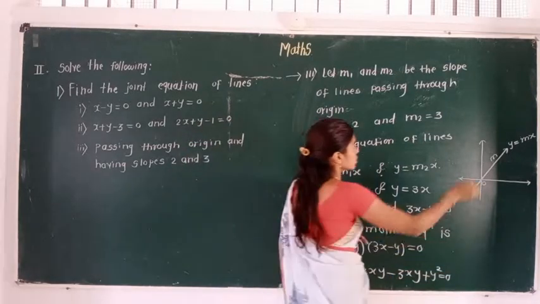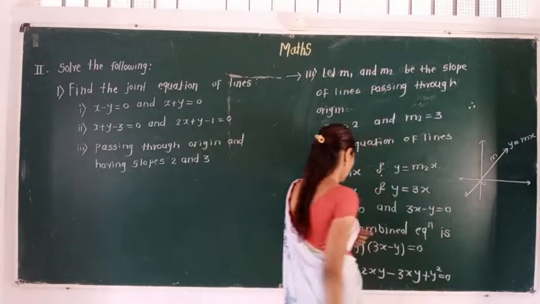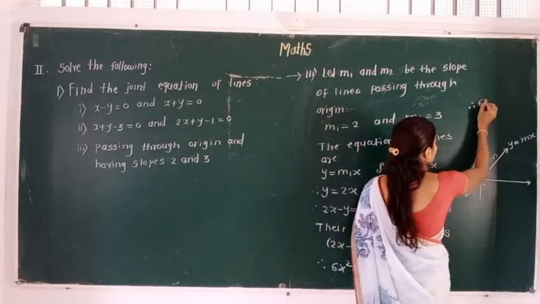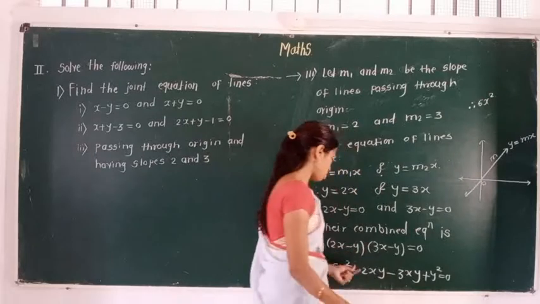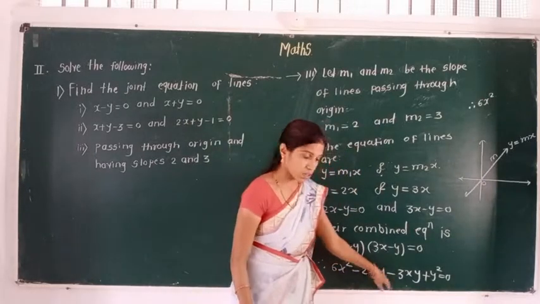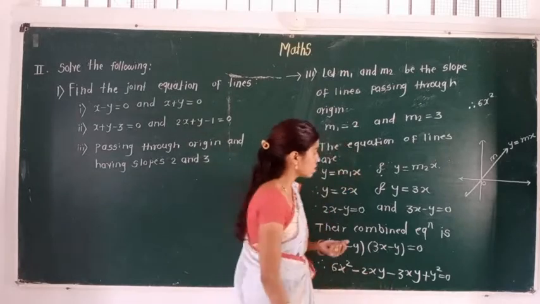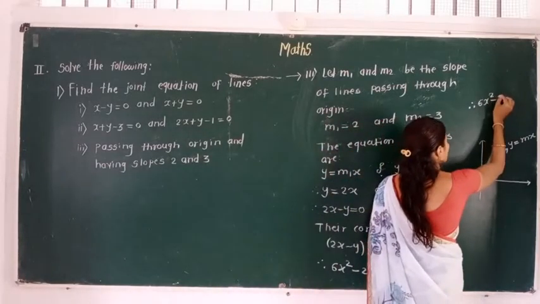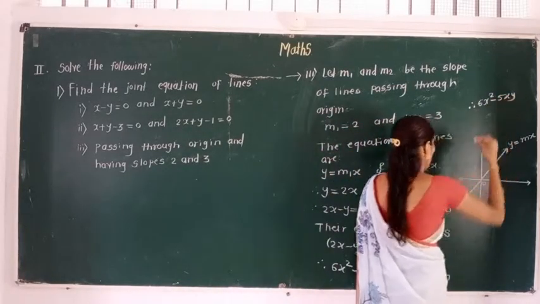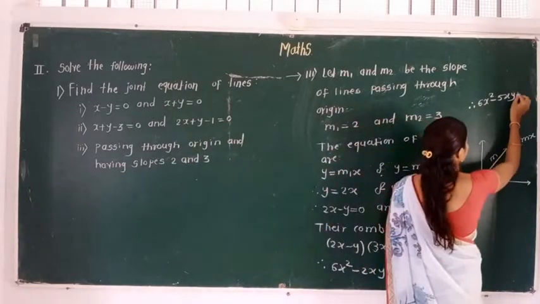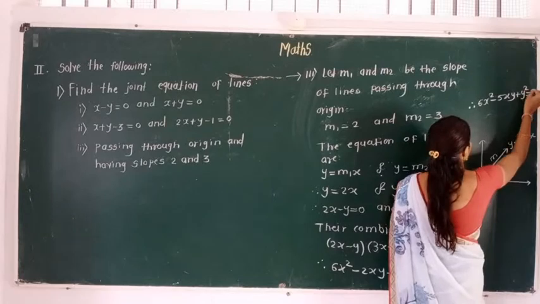Therefore, we write here the combined equation of the lines is 6x square, take as it is, 6x square minus 2xy minus 3xy. Take the sum of these two terms, we get minus 5xy, and the last term take as it is plus y square is equal to 0.